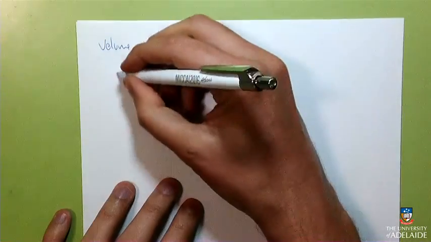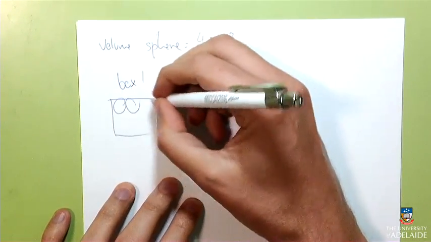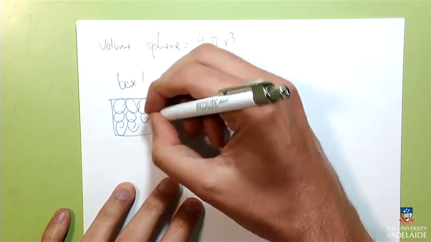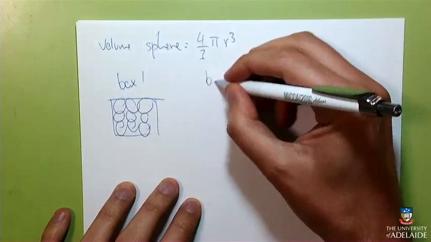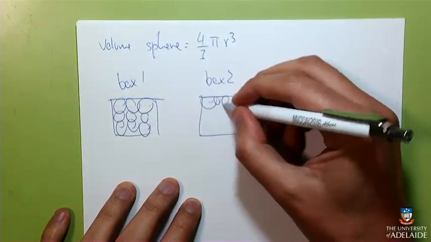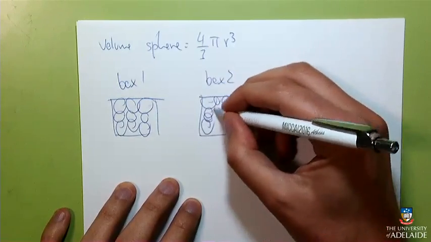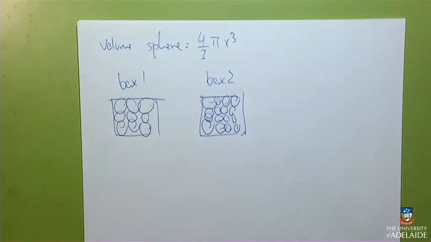So box 1, there's no overlap, right? There's going to be 3 by 3 by 3, and box 2 is going to be 4 by 4 by 4. Sorry, don't get deceived by my drawing. They actually touch each other and they touch the wall. There's no overlapping like I draw here.